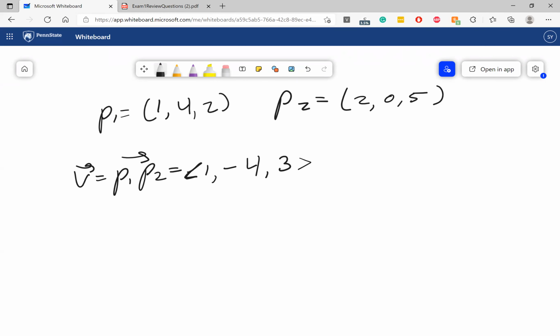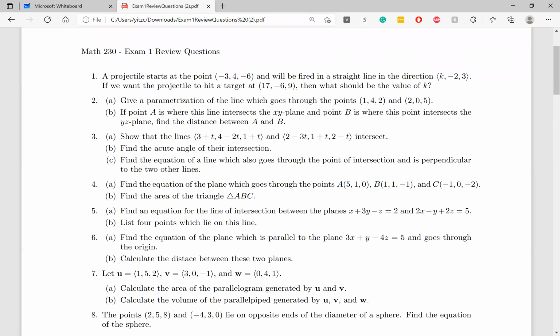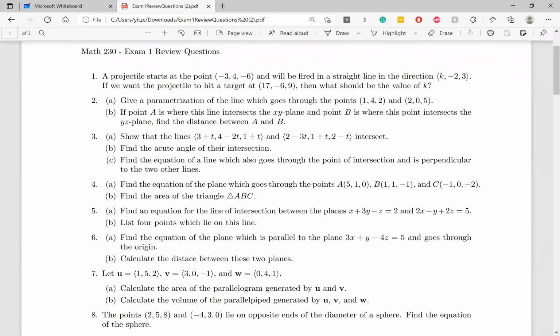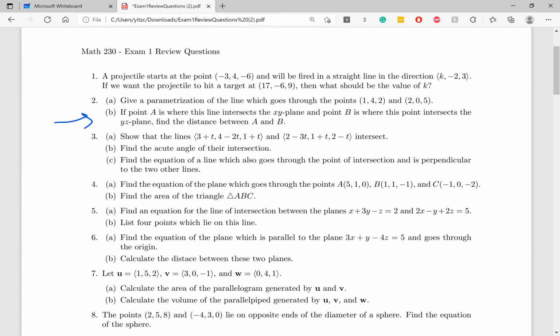And so then our line R of t is going to be (1, 4, 2) plus t times ⟨1, -4, 3⟩. Okay, and then the second part of the question asks if point A is where the line intersects the XY plane and point B is where the line intersects the YZ plane, find the distance between A and B.